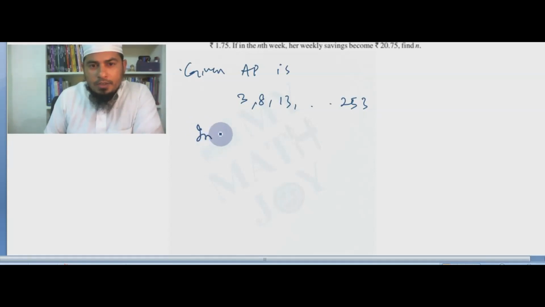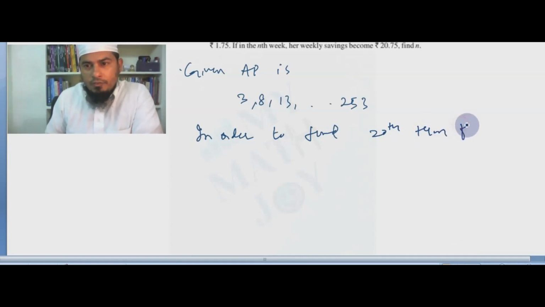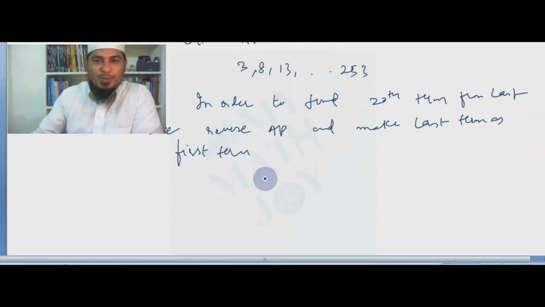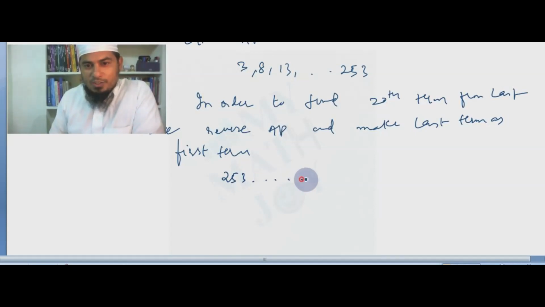In order to find the 20th term from last, we reverse the AP and make the last term the first term. So we do that now: 253, and so on, 13, 8, 3.